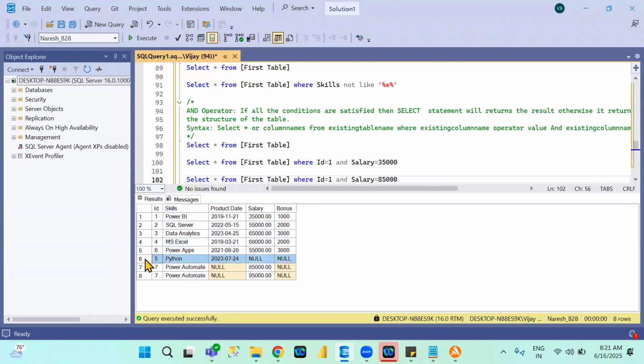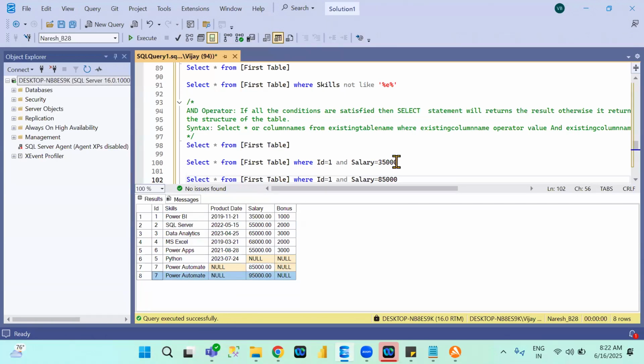Even here, not satisfied. Here, see here: the first condition is not satisfied, but the second condition is satisfied. But then we cannot include that particular one, right? Even here, not satisfied. Understand clearly.